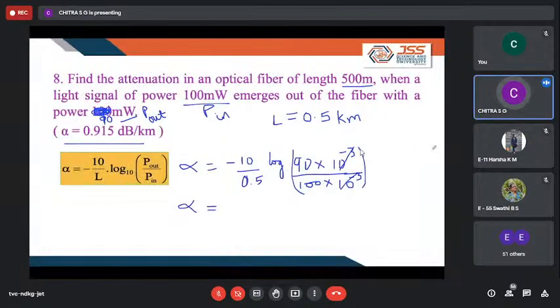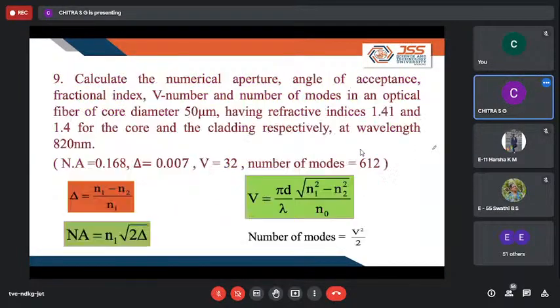Yes, now we shall move to the next one. If you're done with this, you can write this and do it on your own. Calculate the numerical aperture, as we have done in the previous numerical, with respect to the same thing.